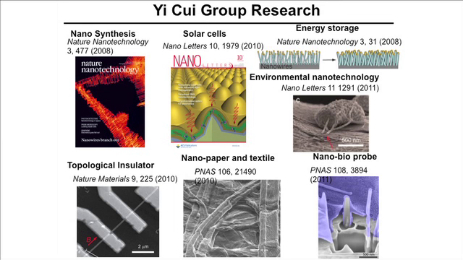Our core expertise lies in designing nanomaterial synthesis, and we look into photovoltaics, energy storage, and environmental technology. We are also interested in a very exciting new area called topological insulators, and that's mainly for fundamental science.